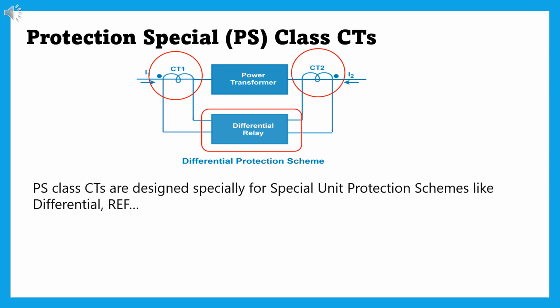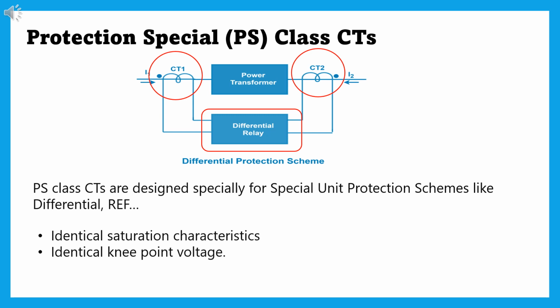In case any fault occurs within these two CTs, the difference between the two currents increases from the preset values and the relay releases the trip command. But for all the faults outside of this zone, the relay will not detect any difference between the two currents and will not release any command. Now you can easily imagine that to fulfill this requirement, it becomes very important that saturation characteristics and knee point level of both CTs must be identical.